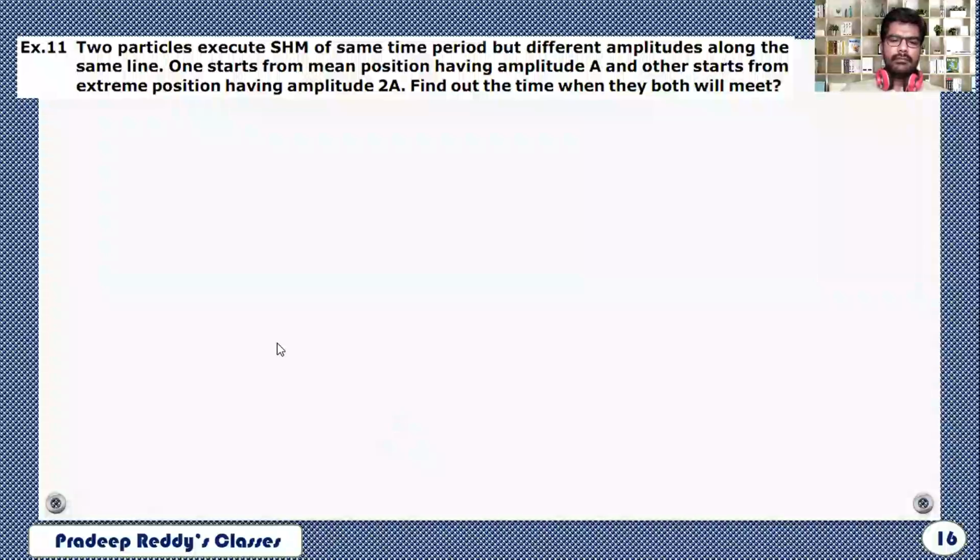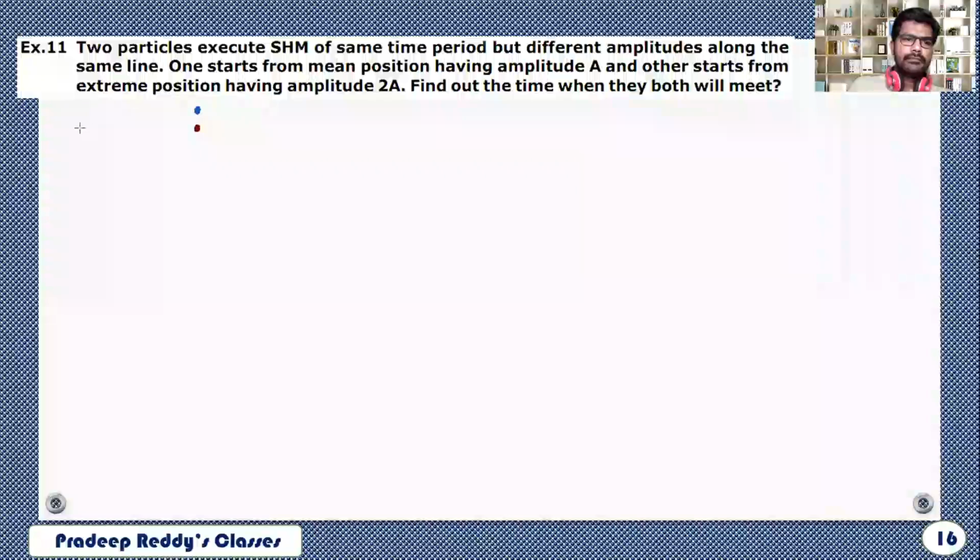So there are two particles. This is particle 1, and there is another particle. These are the two particles. The two particles are executing SHM of the same time period. The time period is the same, but they have different amplitudes along the same line.